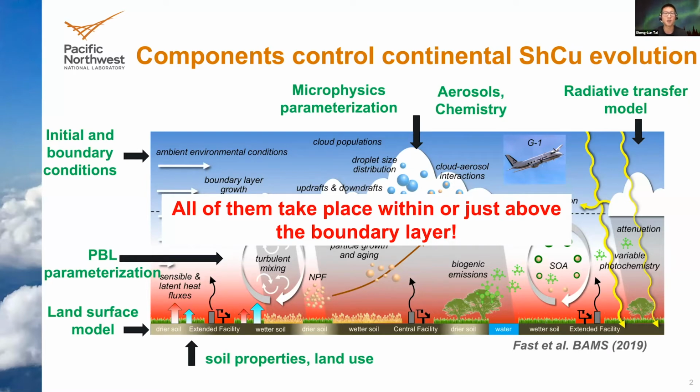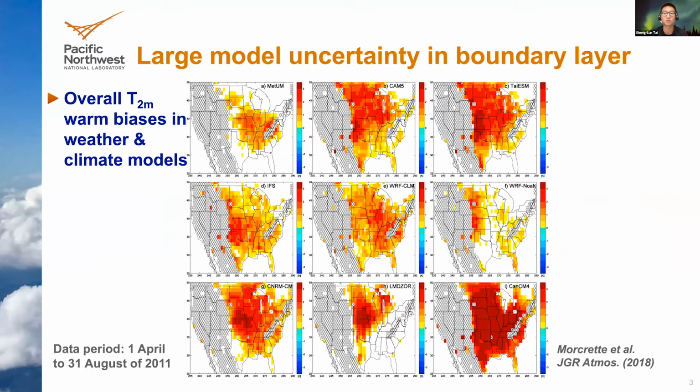However, unfortunately, there is large model uncertainty in the boundary layer. As this study shows, they found an overall warm bias near the surface across many different weather and climate models.